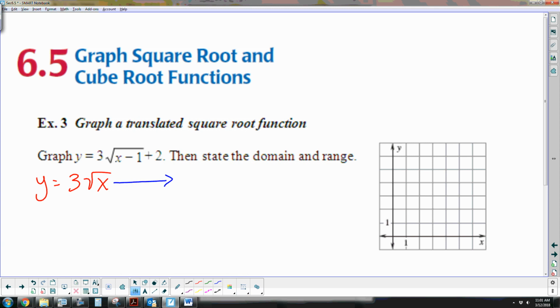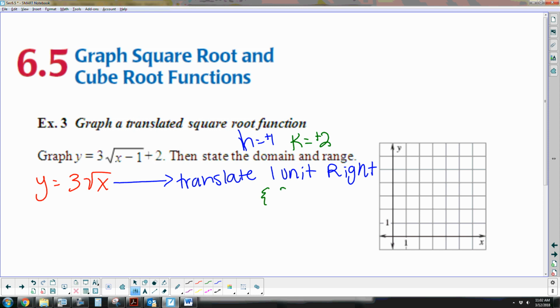And then we're going to translate that h, which is positive 1 unit, to the right. So our h equals 1, and our k equals positive 2. So we're going to translate the graph y equals 3 times the square root of x, 1 unit to the right and 2 units up.